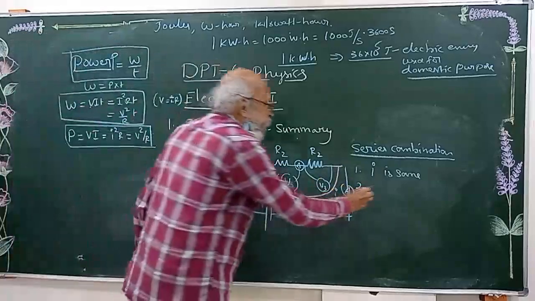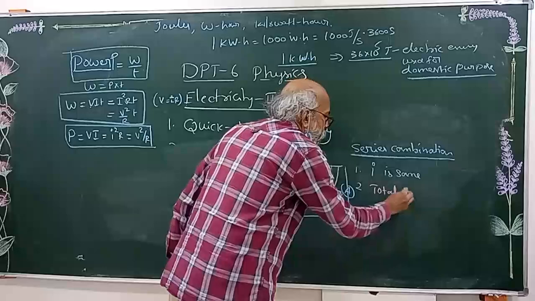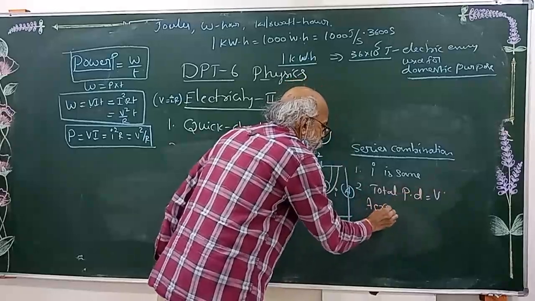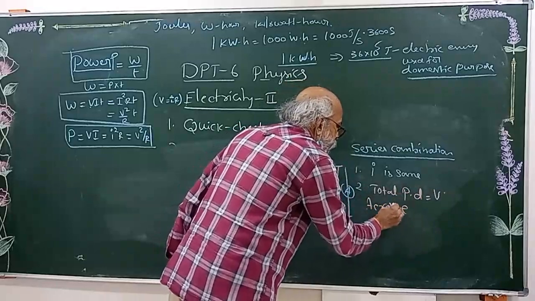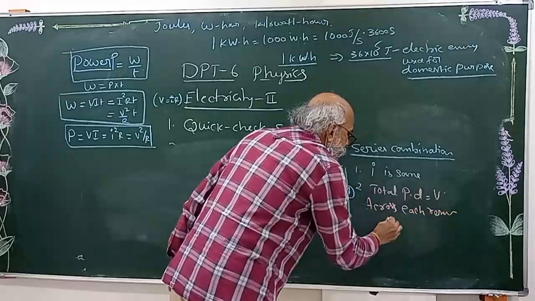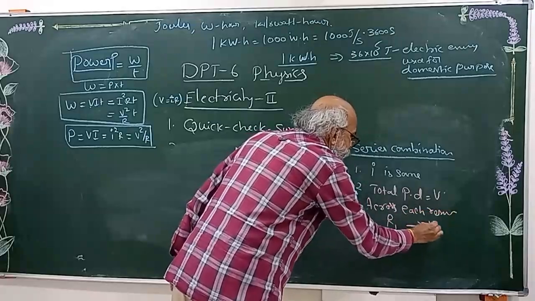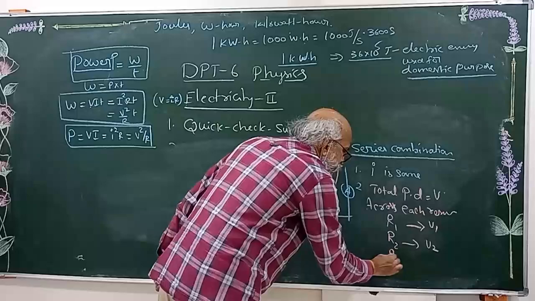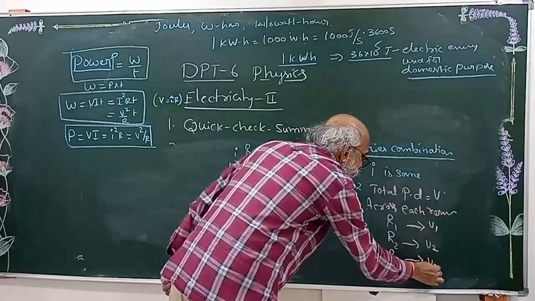So we observe the total potential difference applied is V, and across each resistor, across R1, what is the potential difference? V1. Across R2 we get potential difference V2. Across R3 potential difference must be V3.